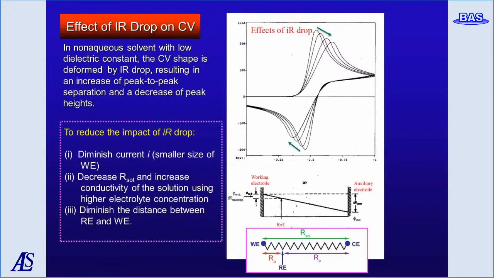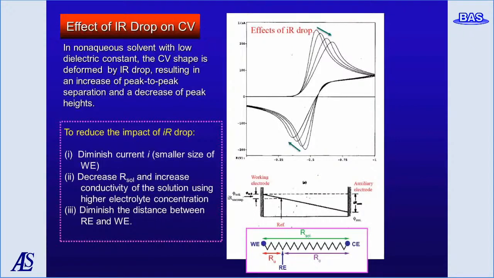Firstly, the flowing current is diminished by using a smaller working electrode. Second, in order to decrease the solution resistance, use a higher electrolyte concentration. And thirdly, diminish the distance between the reference electrode and the working electrode.